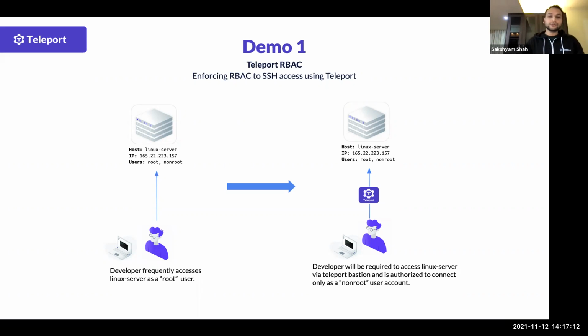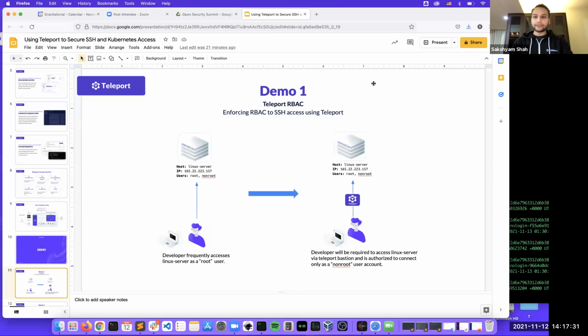So what we'll do is require this developer to access the Linux server via Teleport, where we can control it such that root access will be blocked and every non-root access will be allowed. So let me just switch back to my desktop.